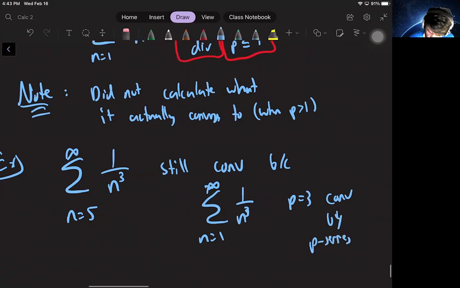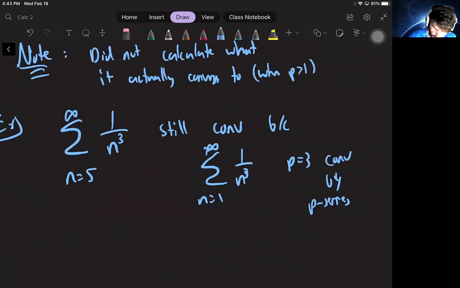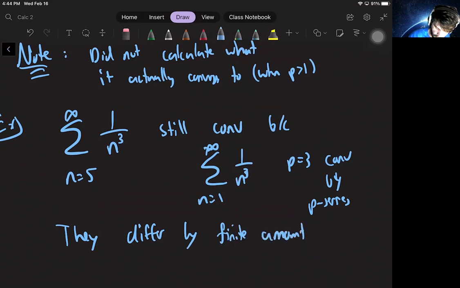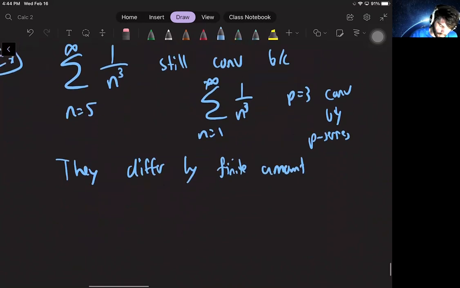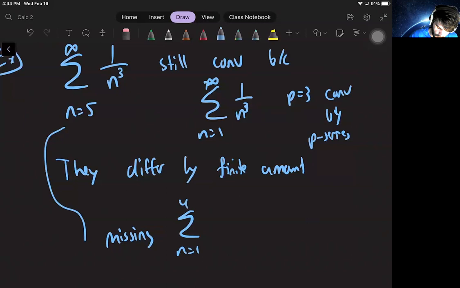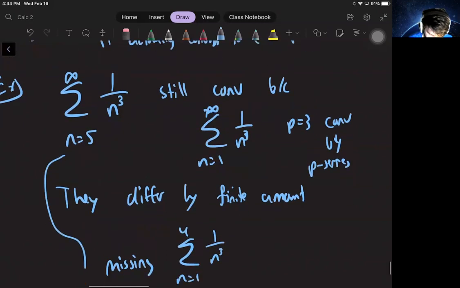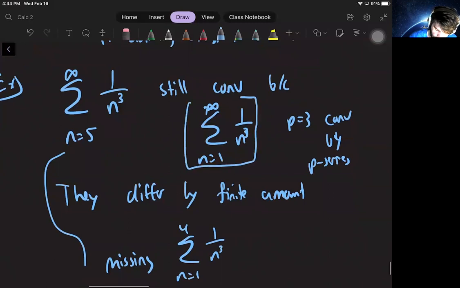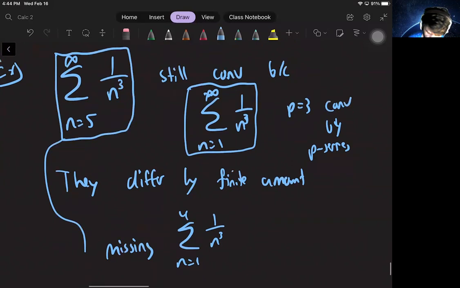So why does the first one still converge if this one does? Well, it's because they only differ by a finite amount. The first guy is missing just a couple terms. It's just missing these ones. That's just some finite number. And so if this one converges, then this is just a little bit less than that. So it'll have to converge too.